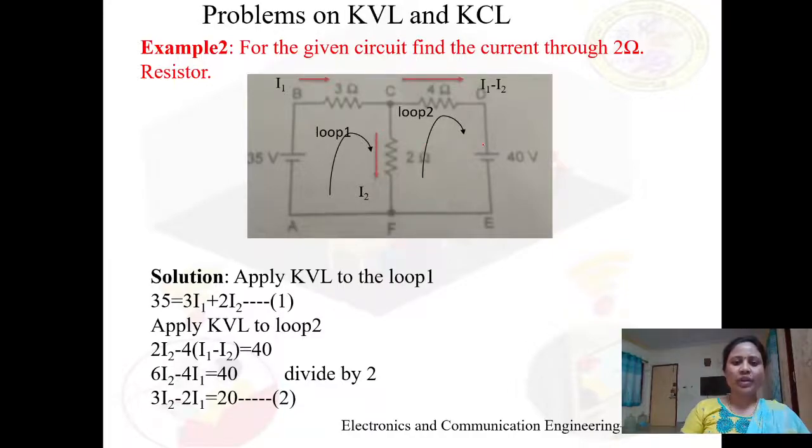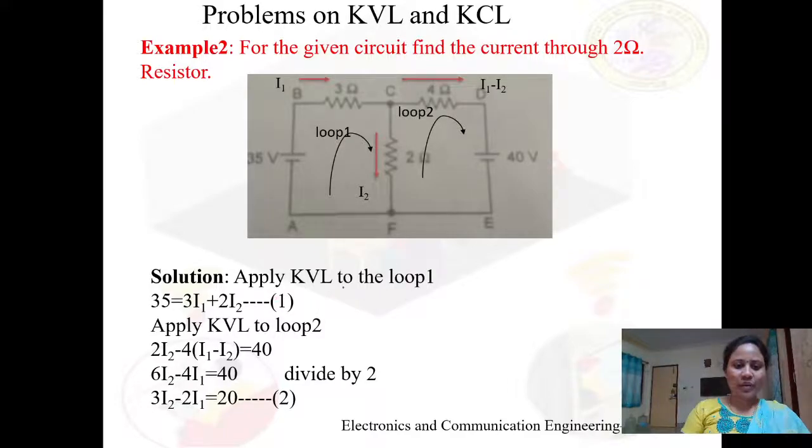Otherwise we can also take through loop 2 as I2 current, and the resultant of I1 and I2 can be taken through the 2 ohm resistor. In this case I have assumed the 2 loop directions as clockwise.